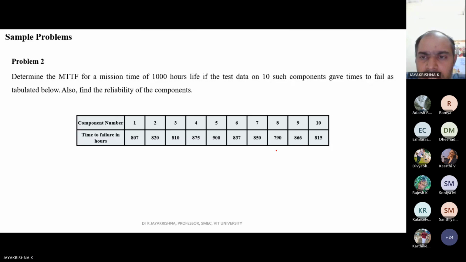How many components are they testing? 10 components they are testing. So now you have to find the reliability of the components. You have 10 components. The total number of failures are 807, 820, 810, 875, 900, 837, 850, 790, 866, and 815. So how will you calculate the MTTF? What is the formula?